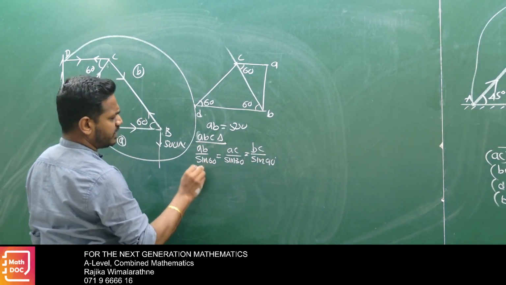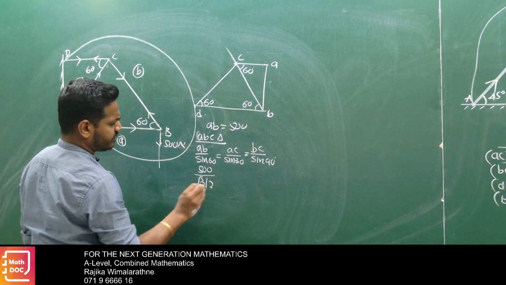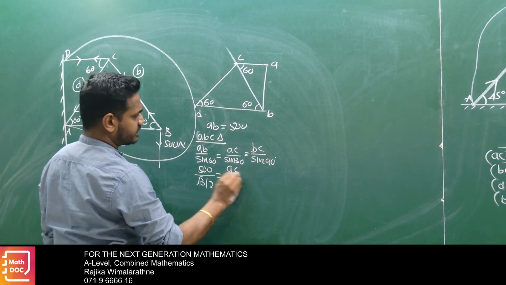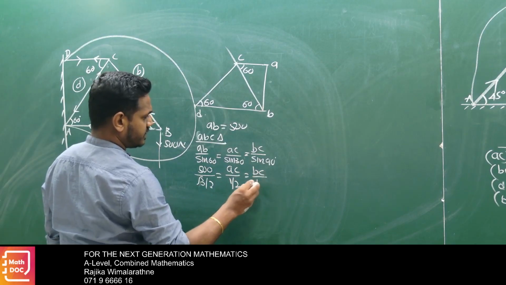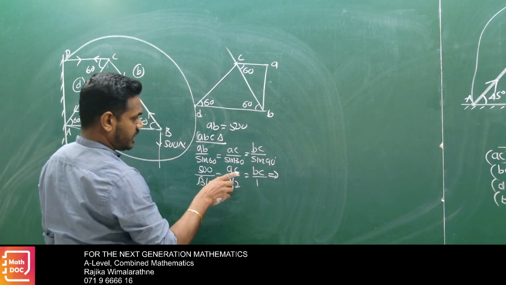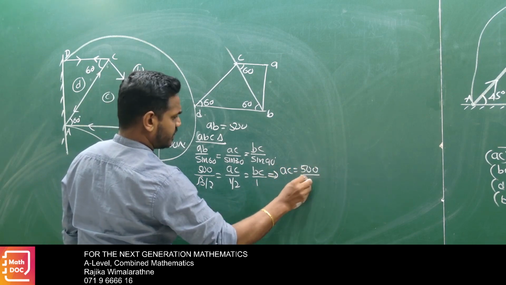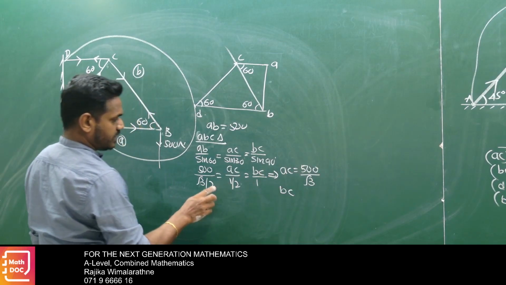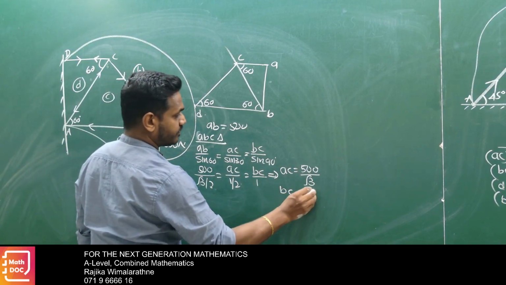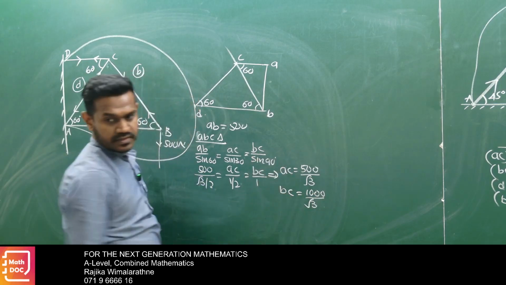Then AB 500, root 3 over 2, AC sine 30 half, BC sine 90. Then by this find AC: 500 over root 3, BC 1000 over root 3. 1000 over root 3, no?